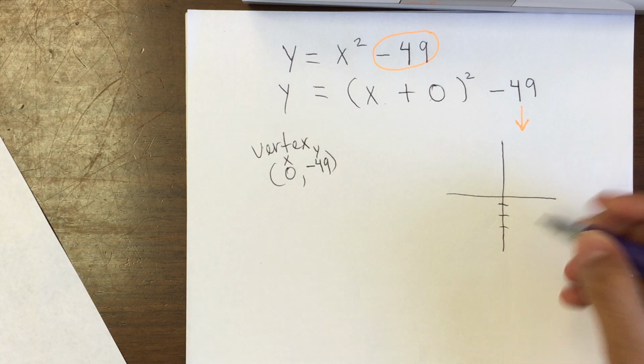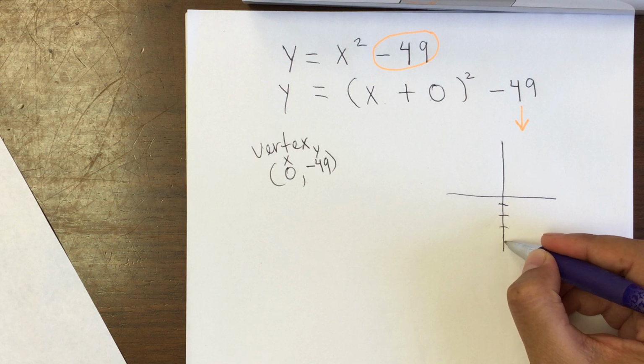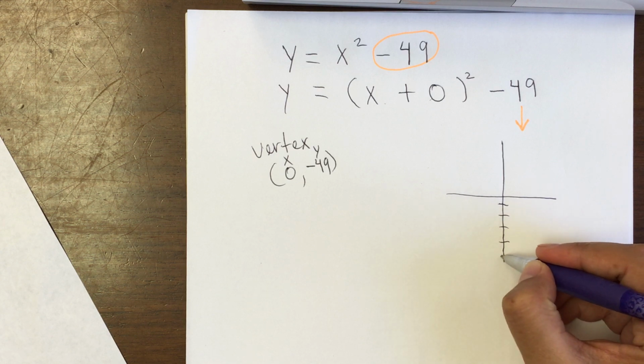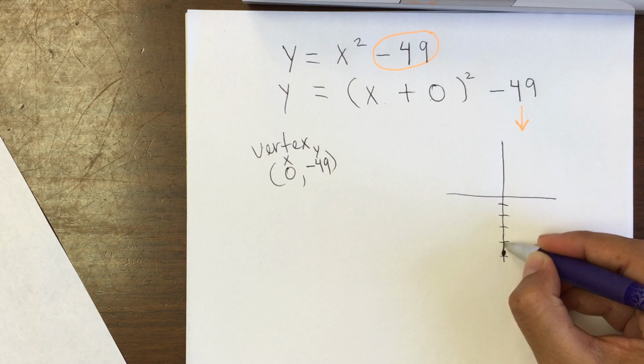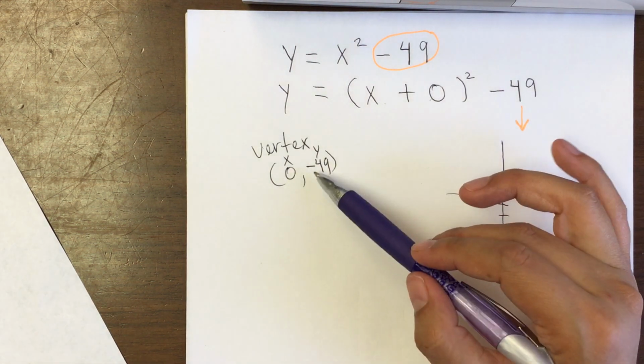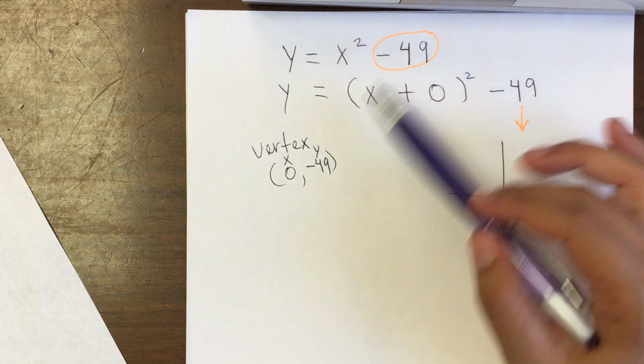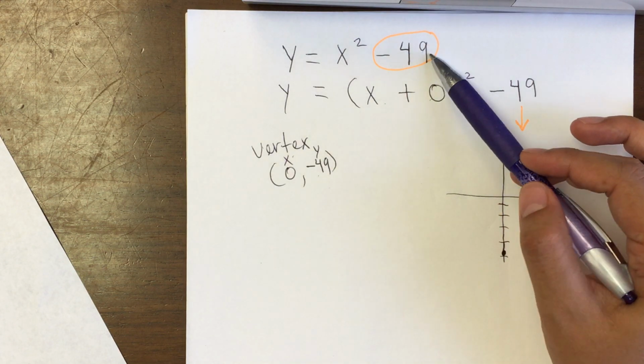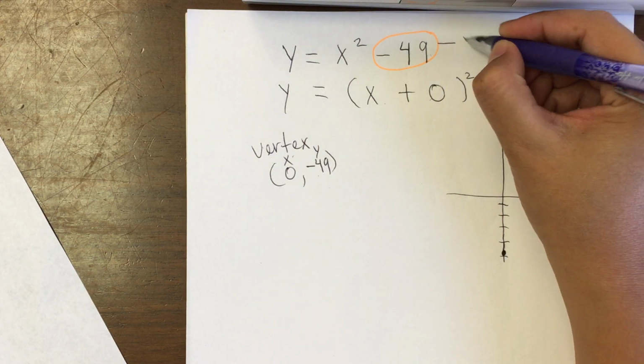So if we think of this as 10, 10, 10, that's 30, 40, and then 49 will be around there. As you can see, my vertex and my y-intercept are the same.